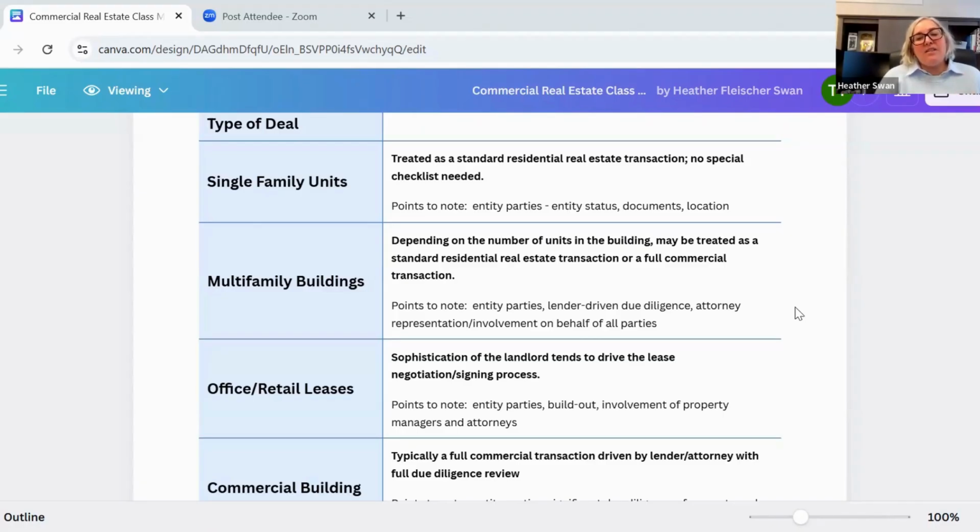And again, depending on the size of the property, there may be an attorney representing your client who will get involved in the transaction on behalf of the parties, right? So what does that mean? If you're an agent in a commercial transaction that's a little bit bigger, and your client has an attorney, that attorney might be drafting the contract, and in most cases will be.